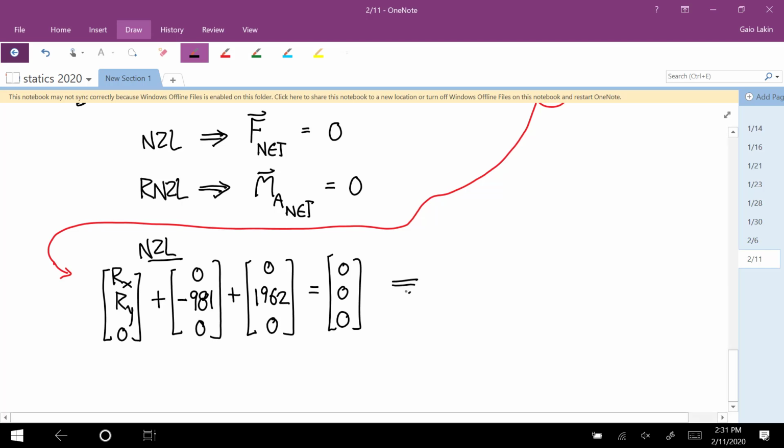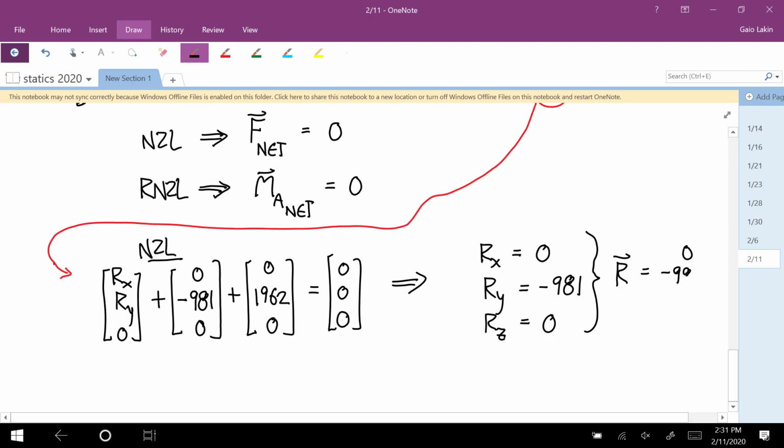Okay, so from this, you get that Rx is equal to 0, Ry is equal to negative 981. Rz is 0. And so that reaction force is 0, negative 981, Newtons. I'll leave the Z on there for now.